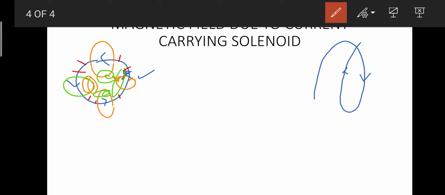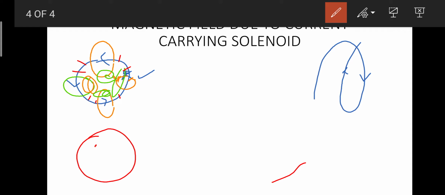And inside this particular loop, the direction of magnetic field would be towards you, or out of the screen. If I want to draw this more clearly in a figure, I would draw it like this. At this particular point I would draw a dot.